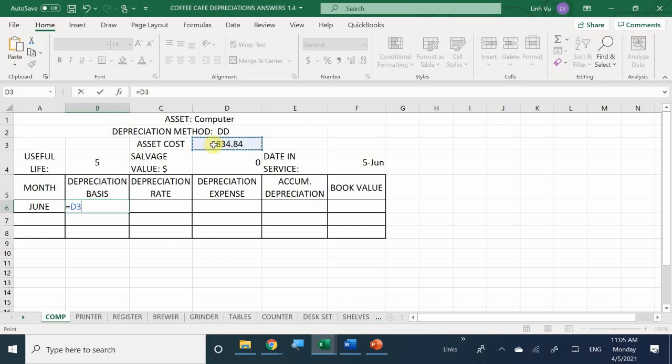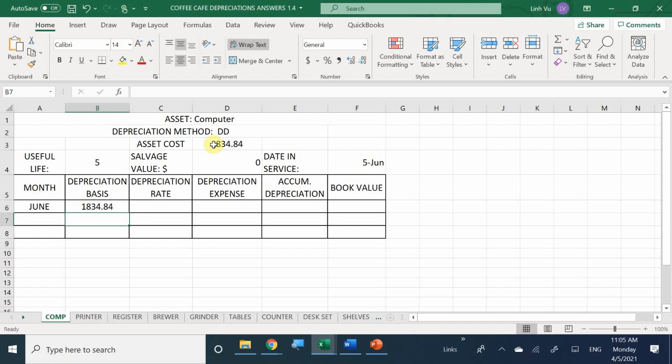Okay? All we care about is the beginning of the year's book value. So for this particular one, if you do continue on, and let's say you do have to do the depreciation for July, you must use the book value, not the asset cost. Okay, that's how double declining works. Okay, so what's the depreciation rate going to be this time?